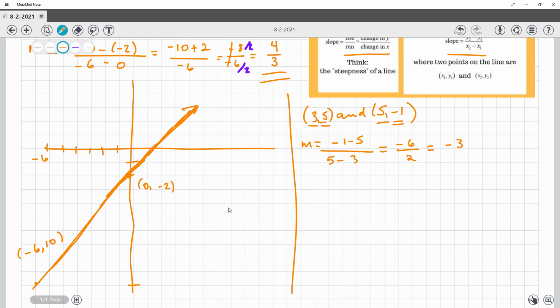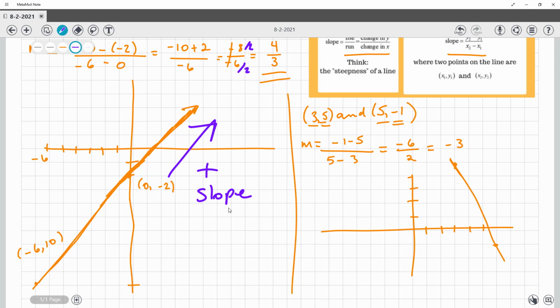Let's see if we actually graph these values. So (3, 5) would be right here, and then (5, -1) would be right here.